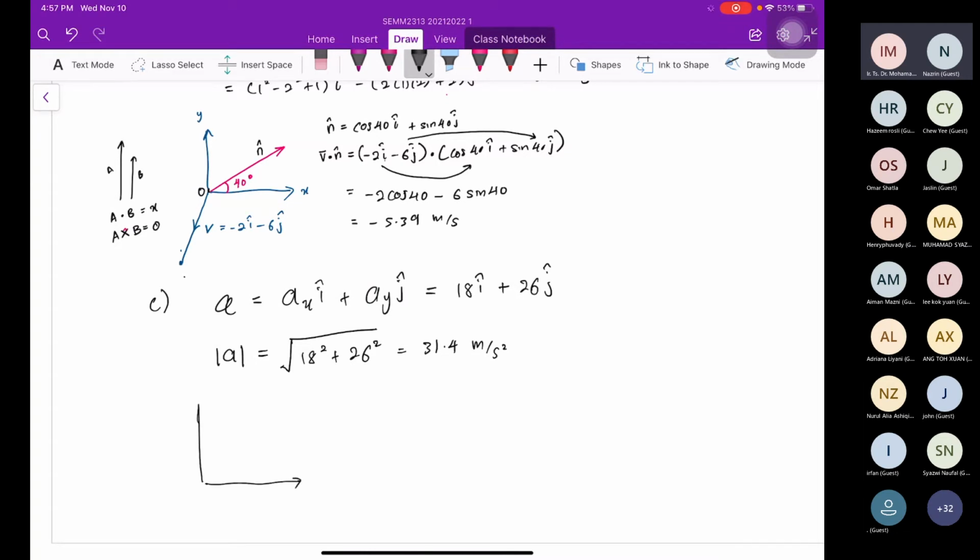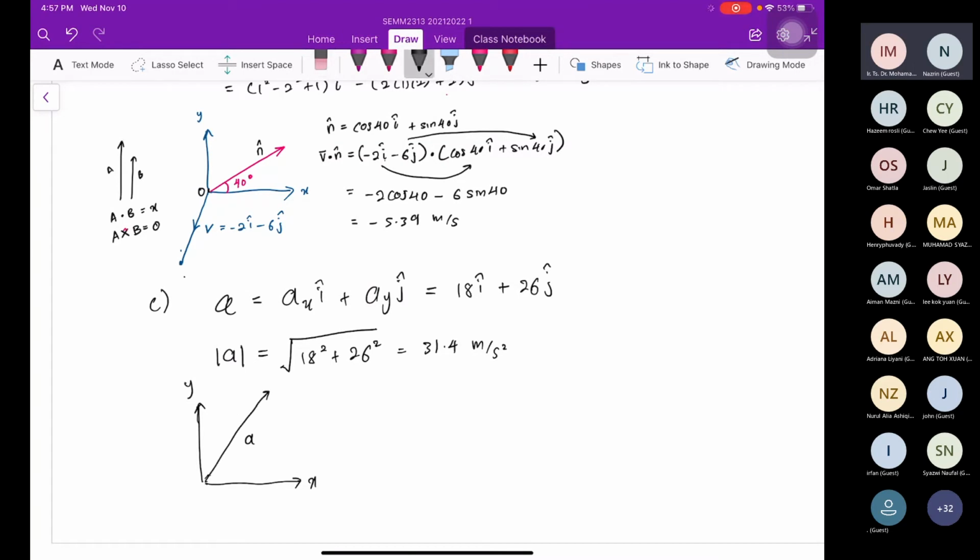This is X and this is Y. This is 18, 1, 2, 3, 18, and 26. This is your A.